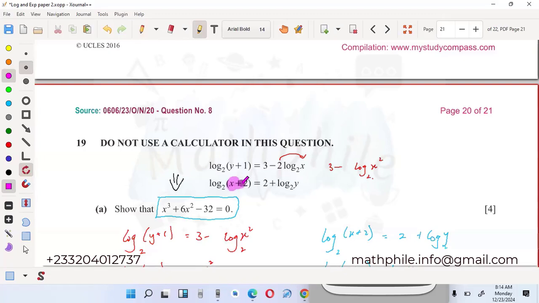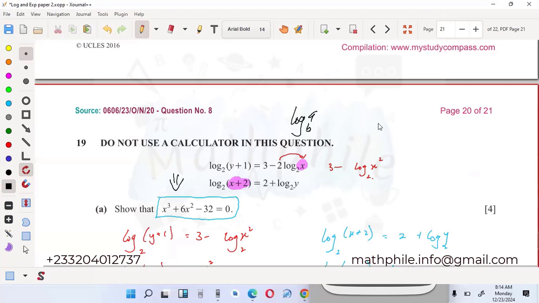The logarithm can't take negative numbers. So if you plug the negative 4 over here, you're going to get negative 4 plus 2, which is negative 2, and this is also going to give you negative 4. This is going to disrupt the domain of the logarithm. So the logarithm doesn't take 0 or negative numbers. What did I say about the domain of logarithm?